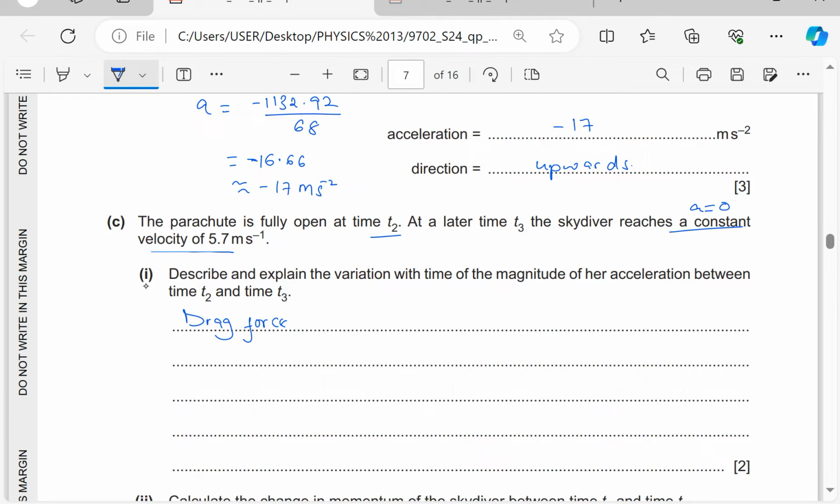So I'll simply say the drag force, or resistive force, depends on speed. That's number one. But when the parachute is opened, of course, it's going to slow down. That means the drag force also reduces.